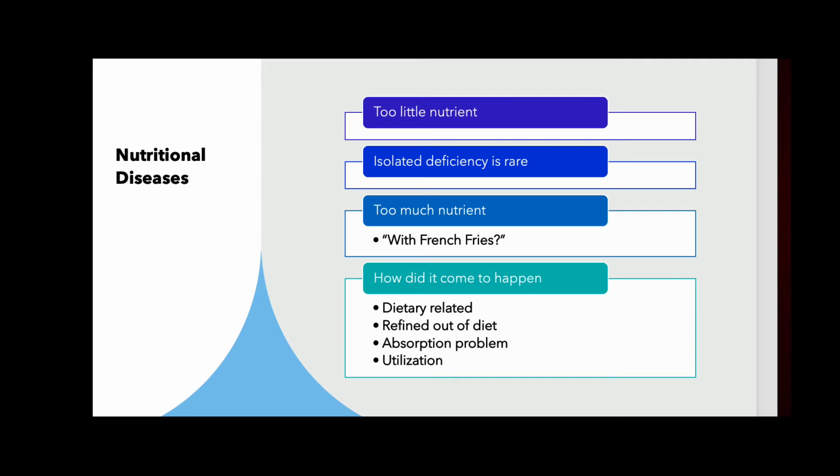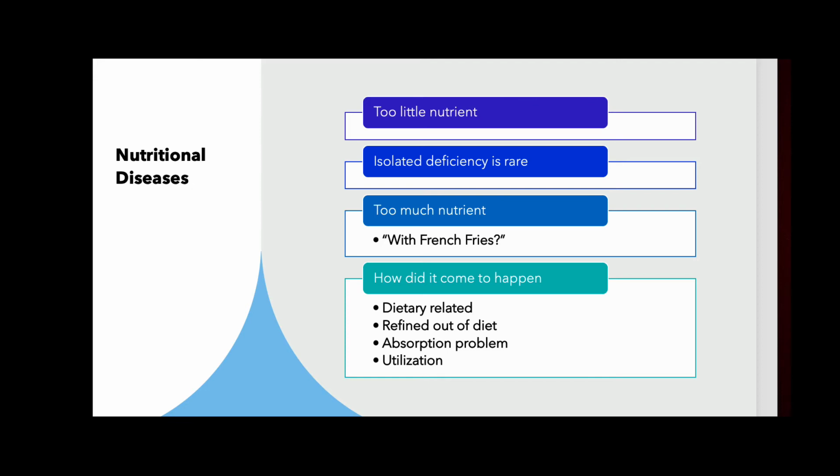They could also be just amino acids and fatty acids. These, of course, are the building blocks for synthesis of proteins and lipids. So if we have any dietary insufficiency where we're not getting enough amino acids and fatty acids, that can lead to too little nutrients, which would have an impact on the building components of our body.